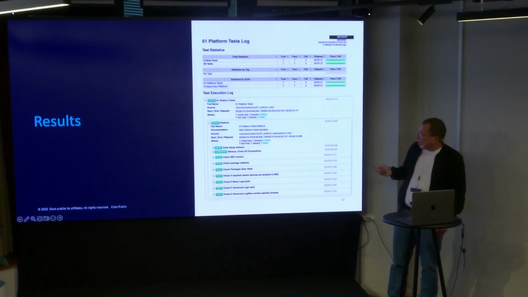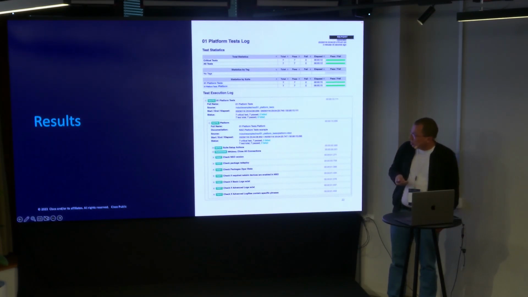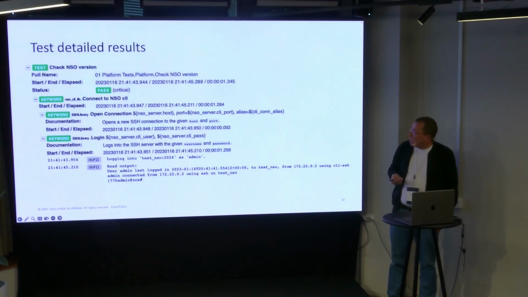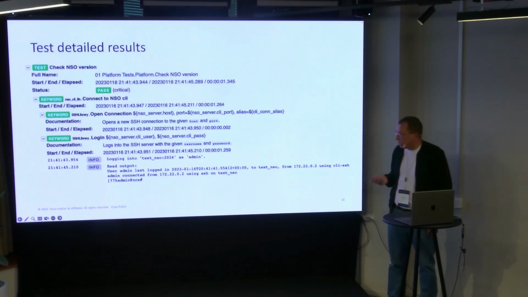And here are the results. Again, we have this log which shows us that everything went smoothly, and we can check all the details. In case of error, the keyword that errored out will be highlighted in red, and you will see the error message.